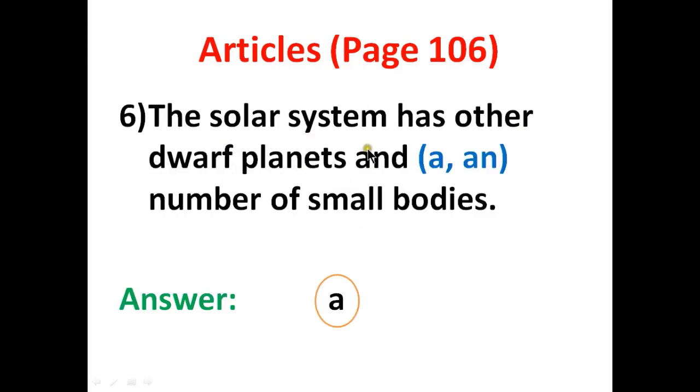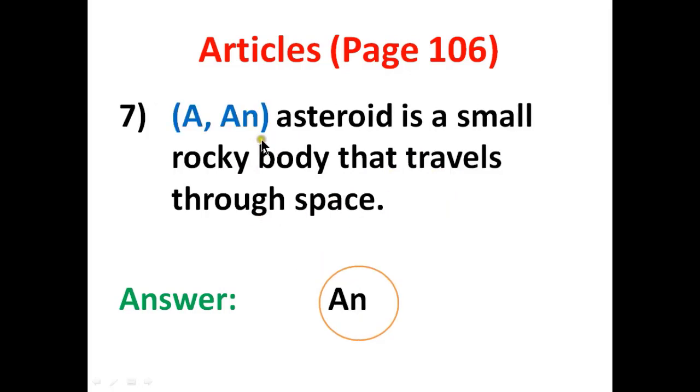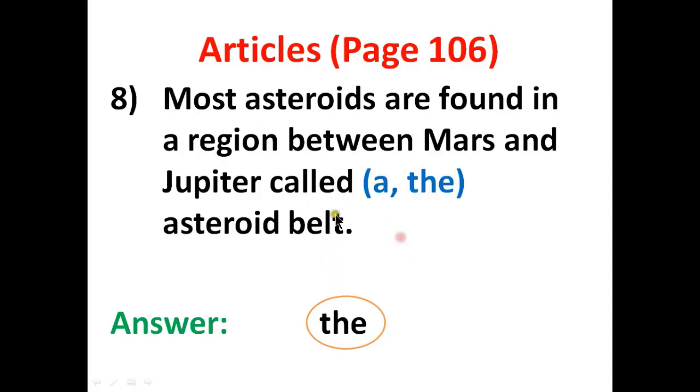Number 6. The solar system has other dwarf planets and a number of small bodies. You are going to circle the article a. Number 7. An asteroid is a small rocky body that travels through space. Here you will circle an. Number 8. Most asteroids are found in a region between Mars and Jupiter called the asteroid belt.